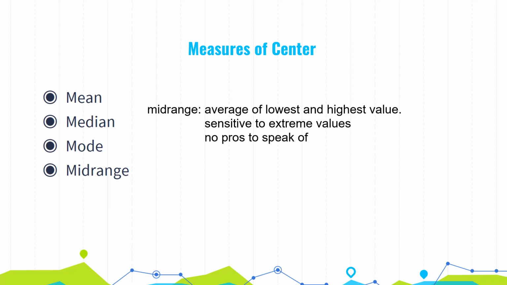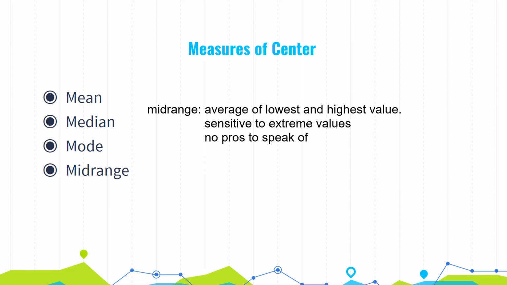The mid-range, it's still taught, and I don't know why. The mid-range is the middle of your range. Okay, what's the range? The range is from the lowest value to the highest value in your data. So you take the average of the lowest value and the highest value, the minimum and the maximum.